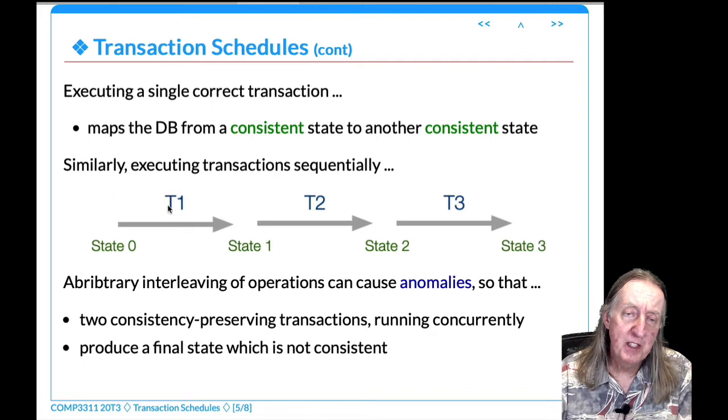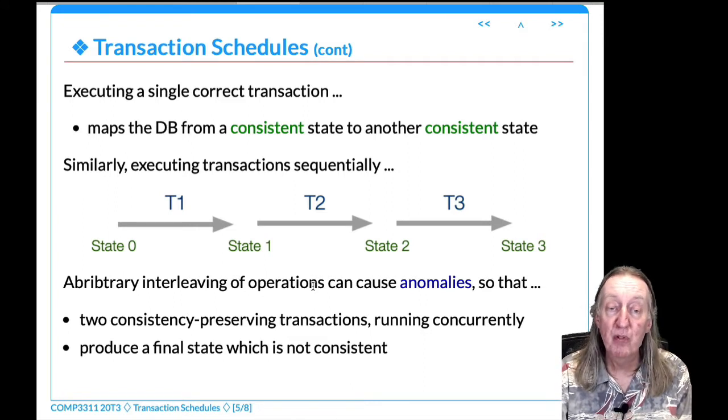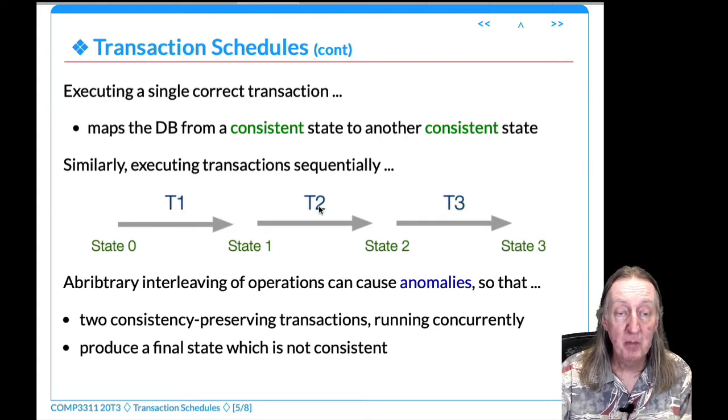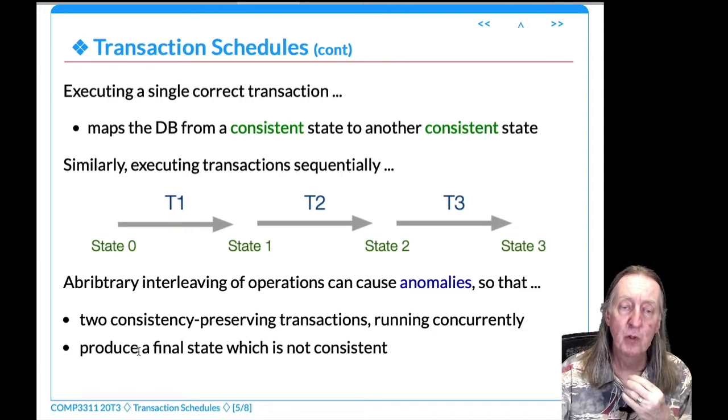But as soon as we start running these transactions in parallel and interleaving the operations, we can end up with problems. So let's say T1 and T2, we know they're both consistency preserving transactions, different transactions for the sake of argument. If we run them sequentially, we end up with a valid state. If we run them in parallel, T1 running at the same time as T2, then it's possible that we can end up in a state which is not consistent.